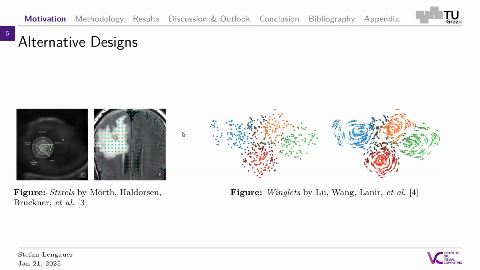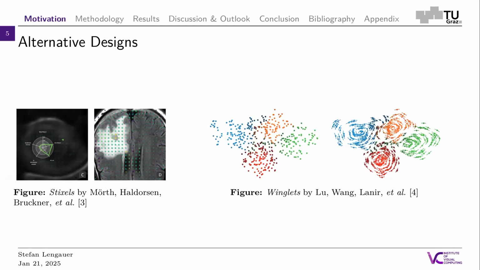And then we were also heavily inspired by this winglets analogy by Liu et al. That's not really proportional data, but scatter plots. But still, I found the idea quite intriguing with these winglets attached to the scatter points, which indicate sort of cluster borders. And that's something we also strive to achieve with our visualization.